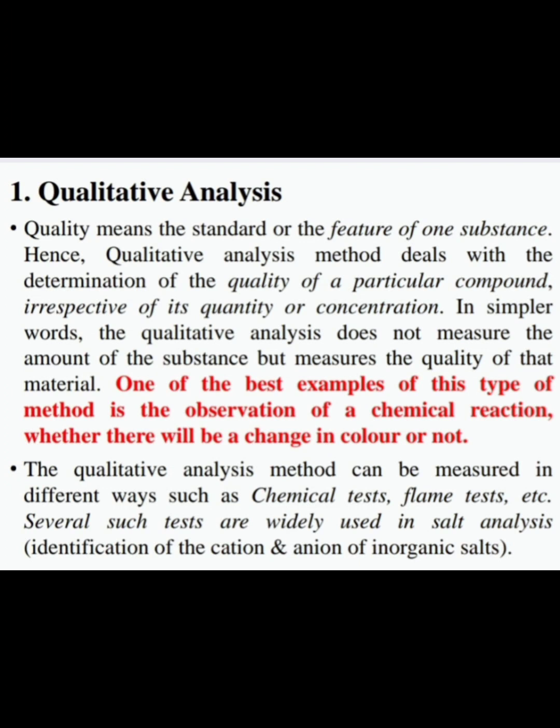You can see it in shorts. Several such tests are widely used in salt analysis, in identification of cations and anions in inorganic salts. This was the detailed explanation of qualitative analysis.